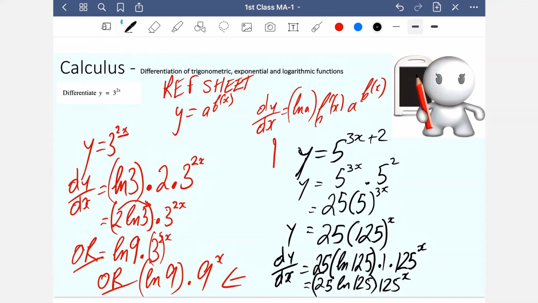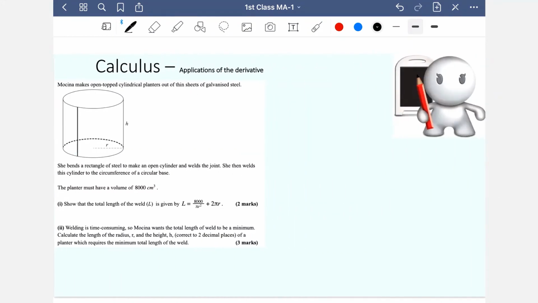It's still doable based on the application of what we've been given in the reference sheet. So look, not a bad question to highlight here. Okay, let's move on.